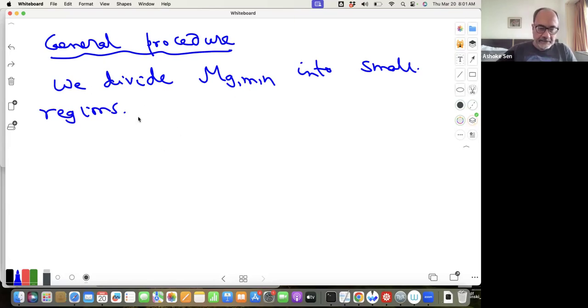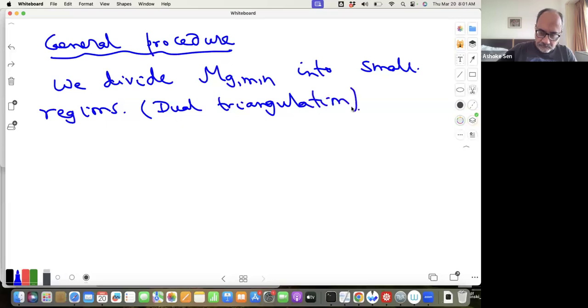One convenient way to divide it is what is called dual triangulation. Triangulation basically means that you cover with triangles and tetrahedra and so on. Dual triangulation basically means that if you divide up the regions and take the dual, then that becomes a triangulation. It's not very important, but it will be somewhat useful.